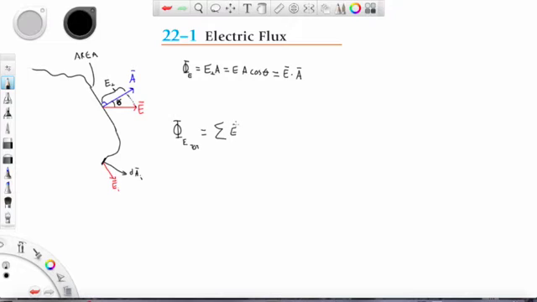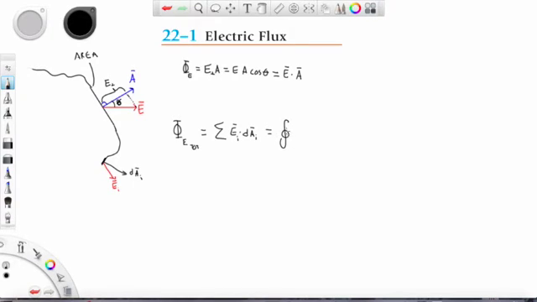So we have E_i, taking a dot product with this dA_i. And as you have seen before, when the area element becomes really small, we have an infinite number of them, the sum will be replaced by an integral. So we are integrating over the whole surface, and that's why we have this circle here.